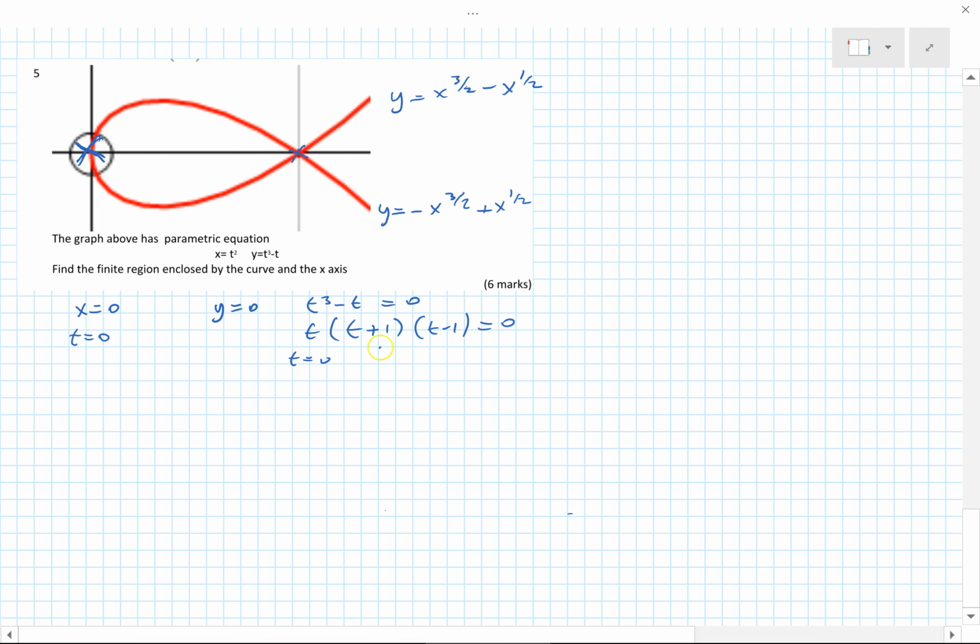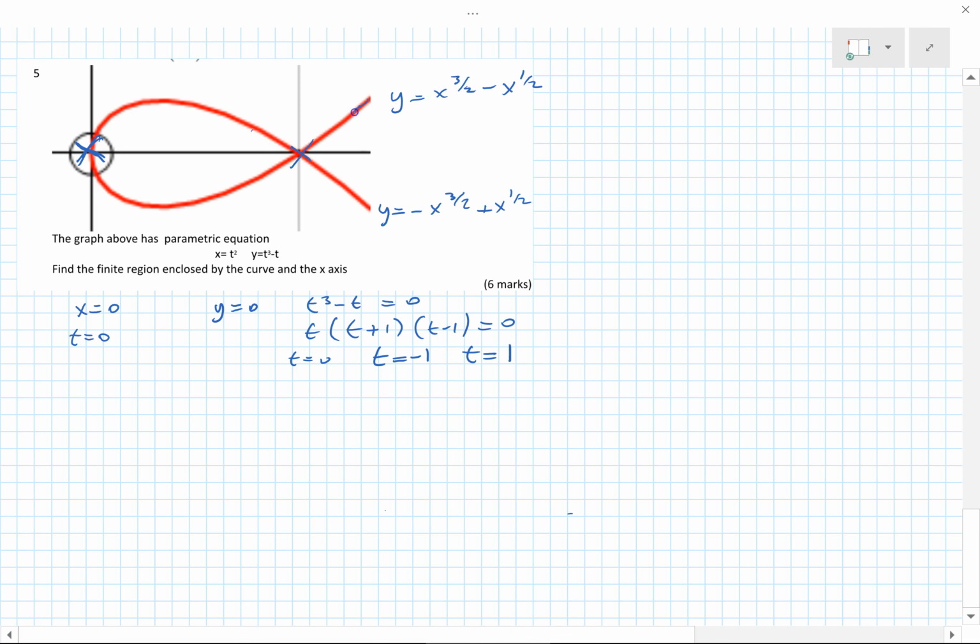But I also get two values of t here. T equals minus 1, t equals plus 1. What it corresponds to is the two values of t that come through, one coming through that way, and the other coming that way. They're both the same coordinate.